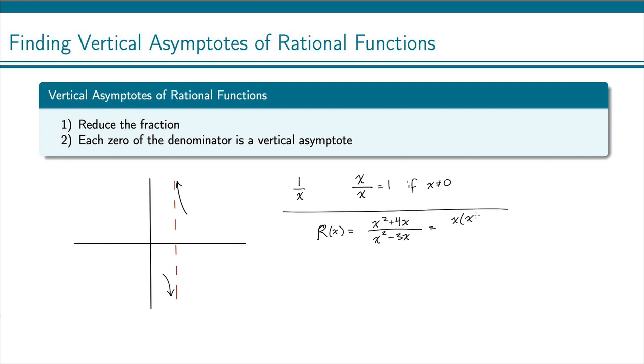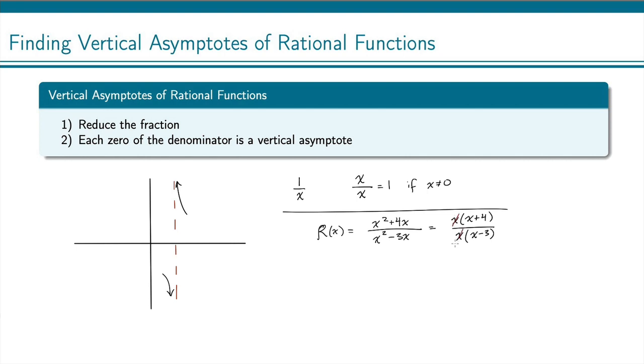We can factor an x out of that. We have x times x plus 4. And in the denominator, we factor an x out. We have x times x minus 3. Now we see there's a common factor of x on the top and the bottom, and so now what we're going to do is just cancel that out.